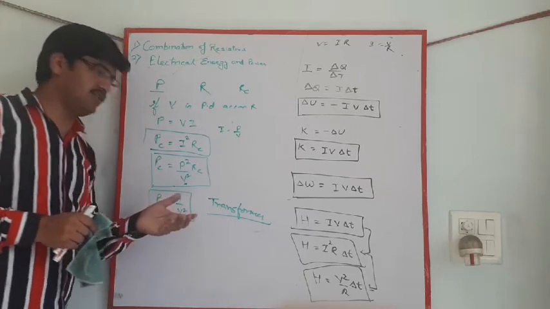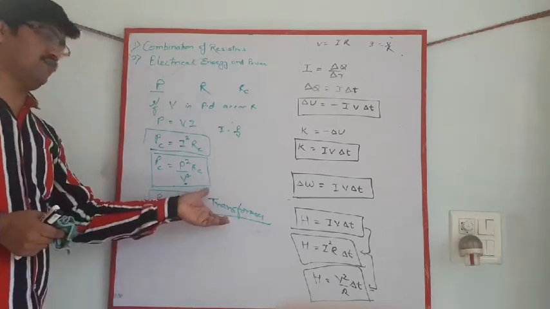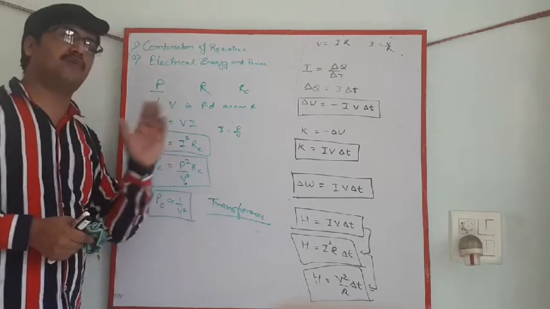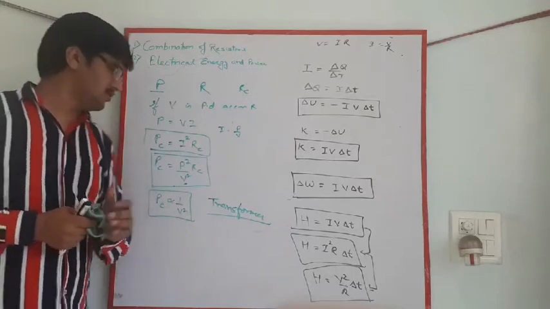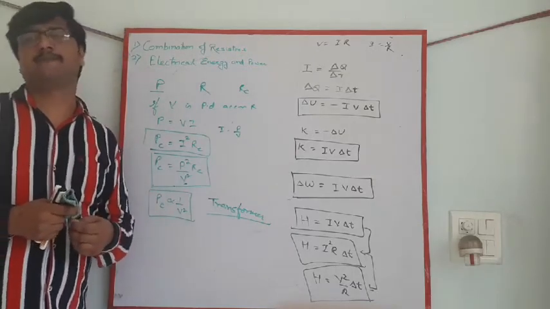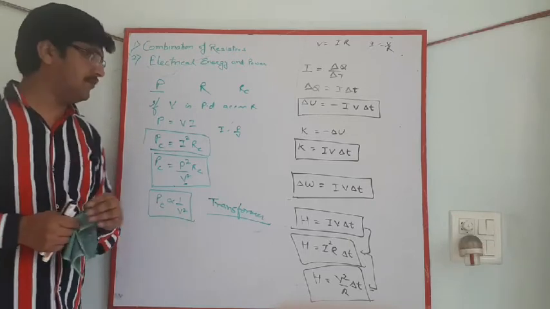In that unit we will discuss it, but here we need to know that it is a device used to increase the voltage to a significant value, so that while transmitting to a long distance, the power loss becomes less. So this was all about that.